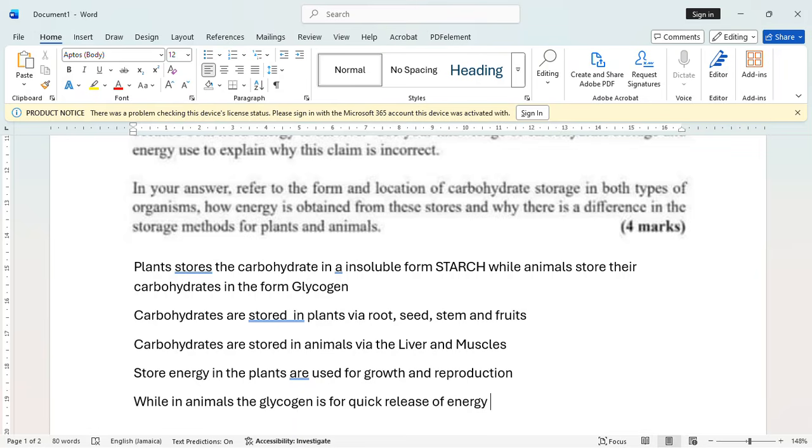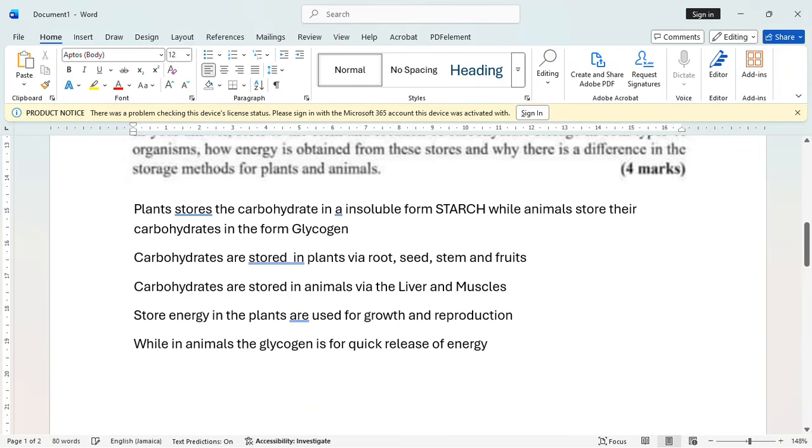While the food that is stored in the plant takes time to be released, right?